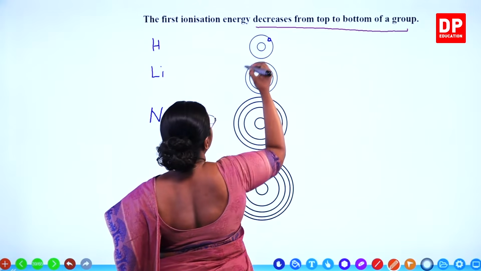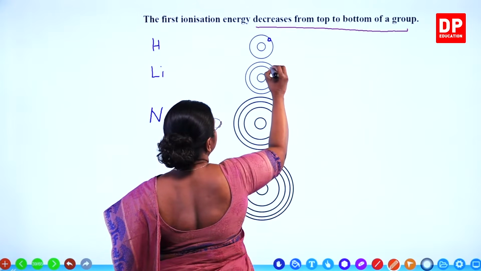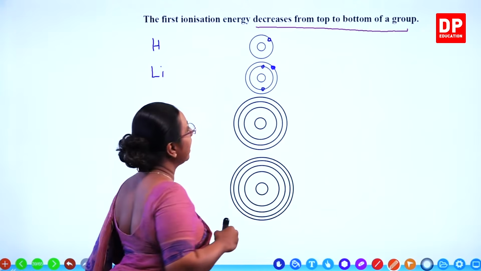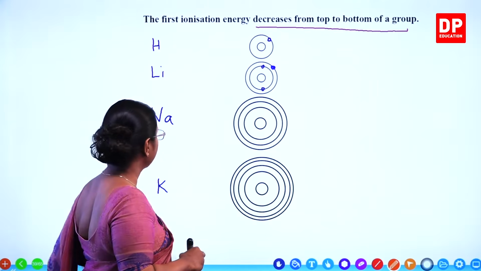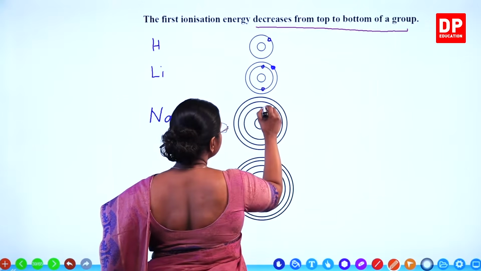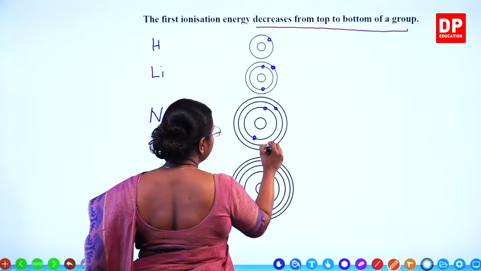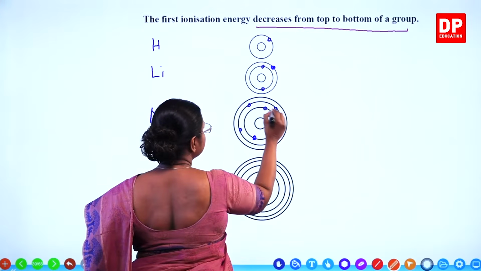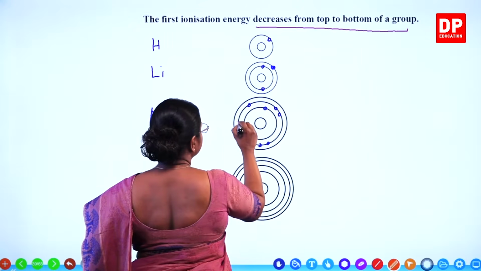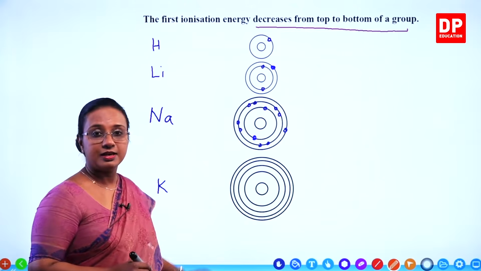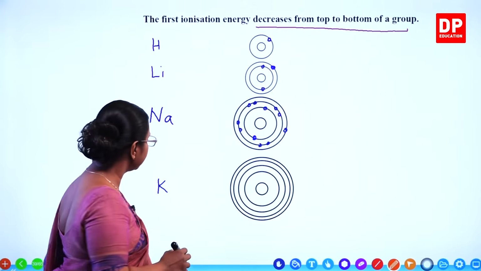Hydrogen has only 1, lithium has 3, so 2 in the inner shell and 1 in the valence shell. Sodium has 11, so 2 in the first shell, 8 in the second shell, and only 1 in the last shell, that is the third shell.